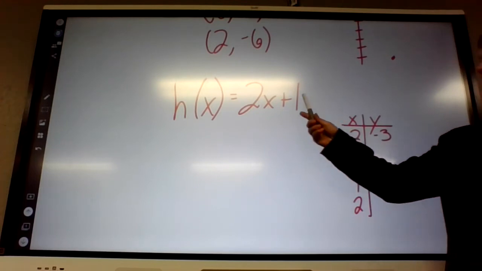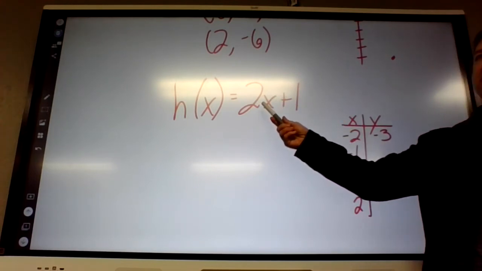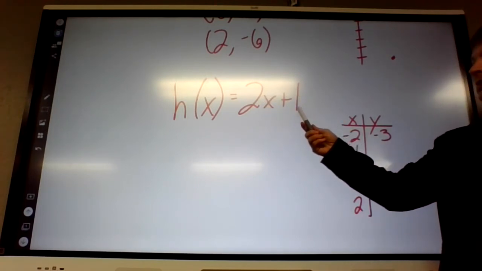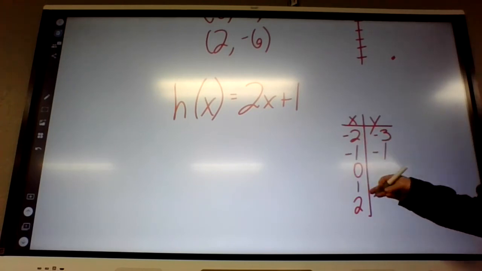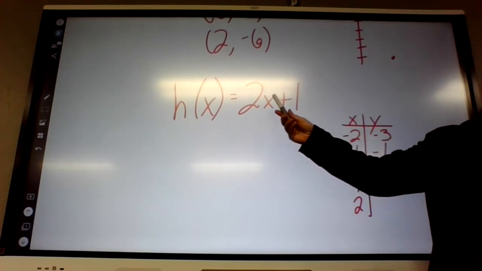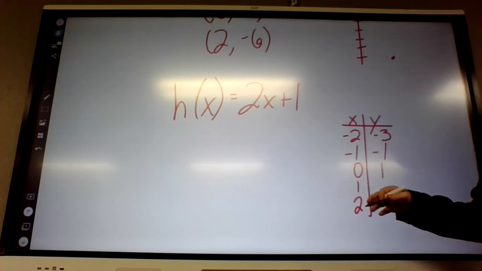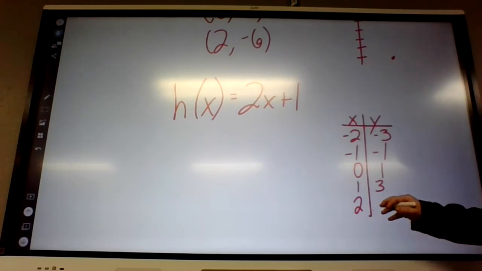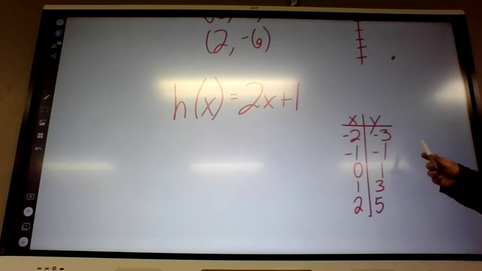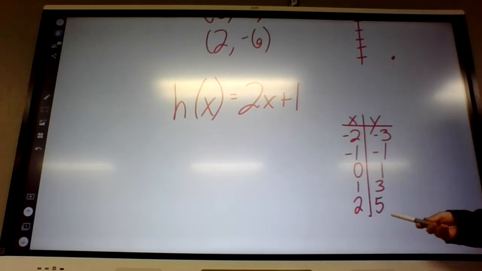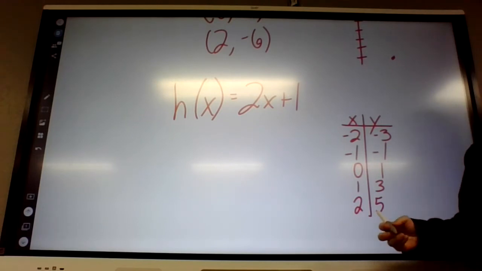And then if I plug in -1, what's 2 times -1? -2. Plus 1. -1. 2 times 0 plus 1. 2 times 1 plus 1. 2 times 2 plus 1. So the lowest it goes is -3, and the highest it goes is +5.